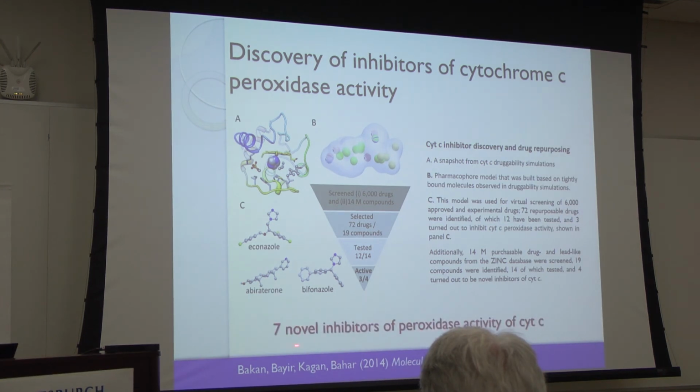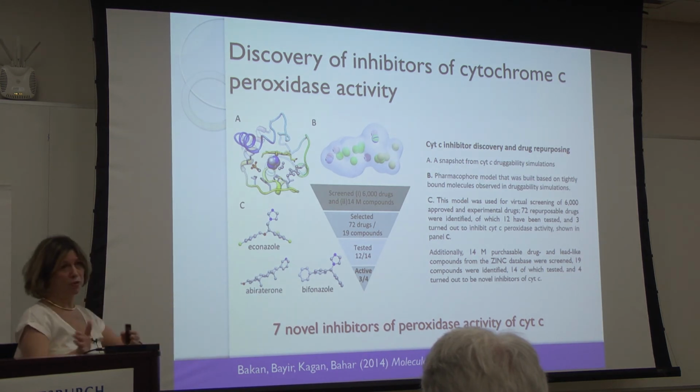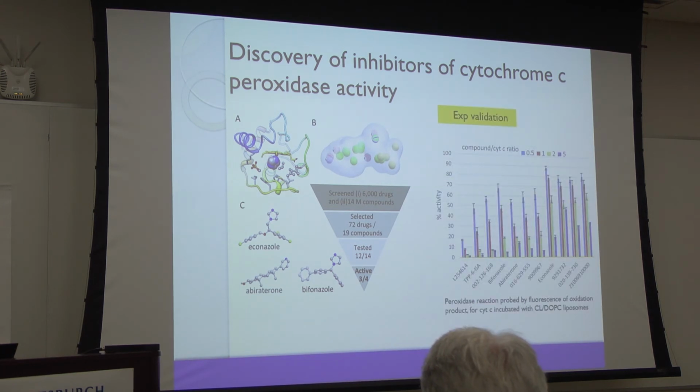So we came up with seven novel inhibitors of the peroxidase activity of cytochrome C. In that paper, we also have all the experimental data verifying this, some of it is shown here, how those compounds were able to reduce the activity, the most important one, in a dose-dependent way.